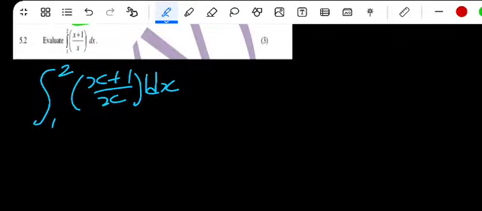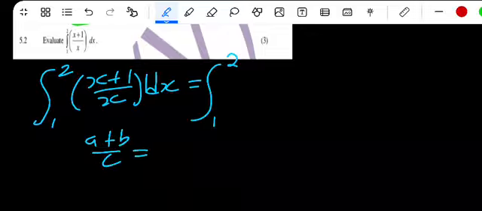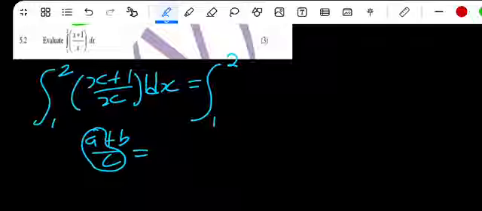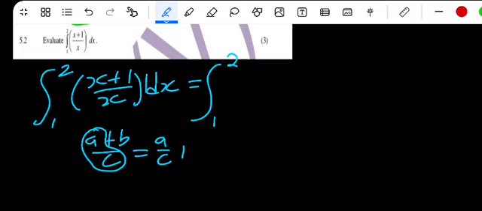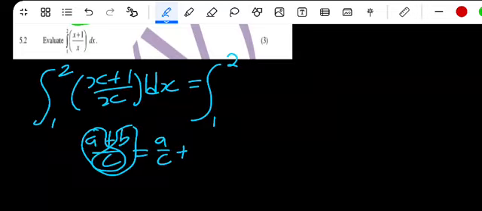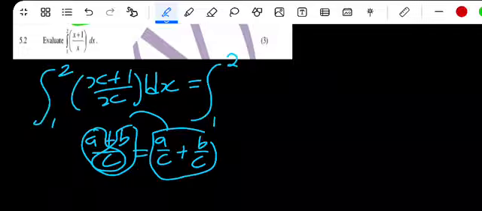So let us simplify the inside a little bit. I still have my lower limit and the upper limit there. I want to simplify this using, do you remember, if you have a plus b over c, you can divide that, it will be a over c plus b over c. So we can use this method there.